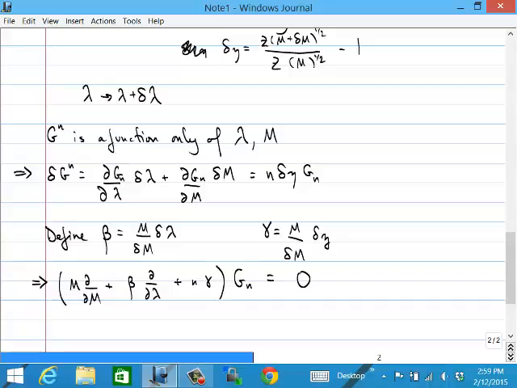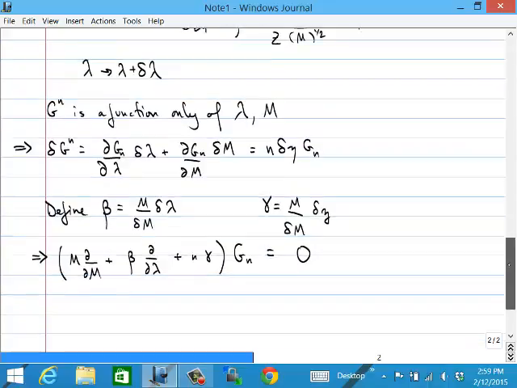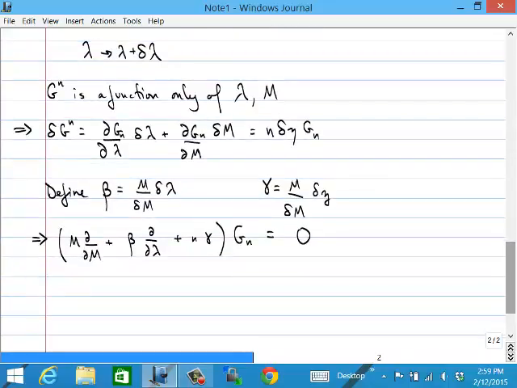So I haven't actually done anything here. Really, all I've done is express the fact that as we change the renormalization scale m, that leads to two different types of changes in the Green's function.